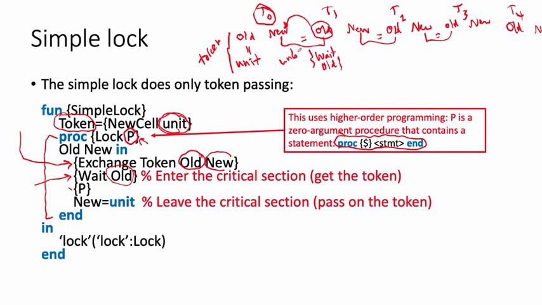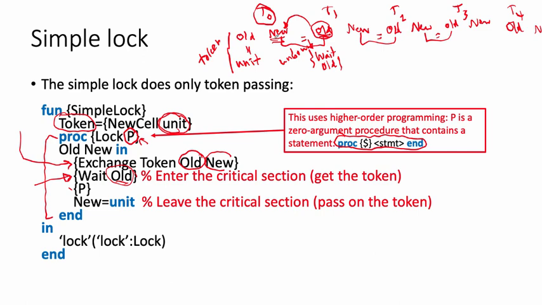Ah, poor guy. He doesn't have the token. The variable is unbound. So T1 will do a wait, but old of T1 is the same as new of T0. So no token.